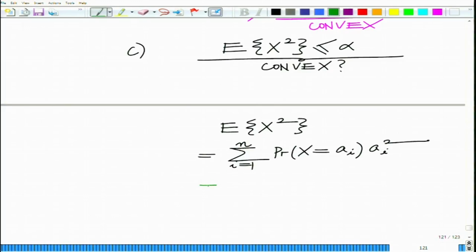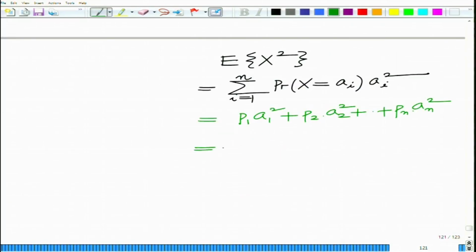Which is equal to P1 times A1 square, plus probability x equal to A2 times A2 square, plus up to Pn times An square. Now you can again write it as a different vector transpose times P bar. It's very interesting.